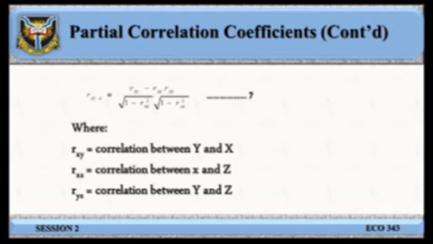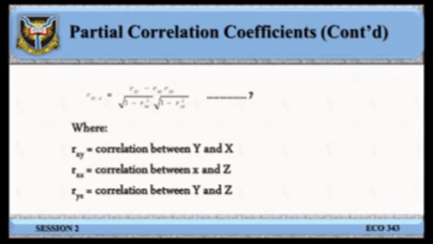Thus, Rxy.z is equal to Rxy minus Rxz Ryz over square root of 1 minus Rxz squared, square root of 1 minus Ryz squared, where Rxy is equal to correlation between y and x.